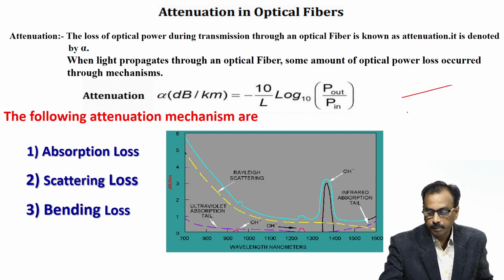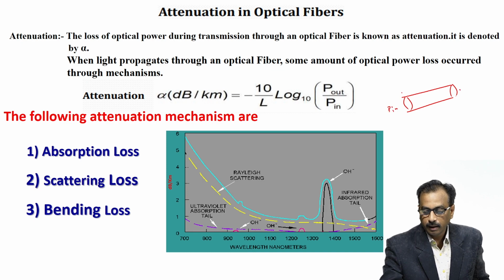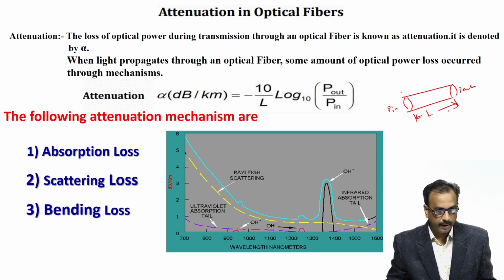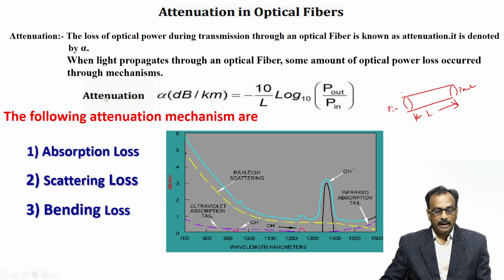Suppose this is one optical fiber. This is the first end. This is the P in. What is the P out? This is the total length of the optical fiber. Now the attenuation alpha equals minus 10 by L log base 10 P output by P input.